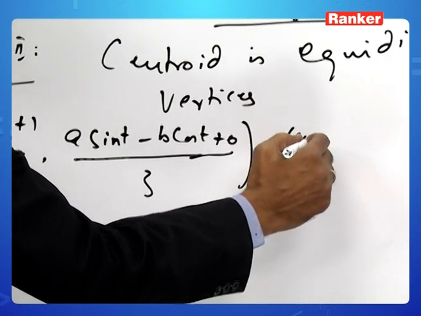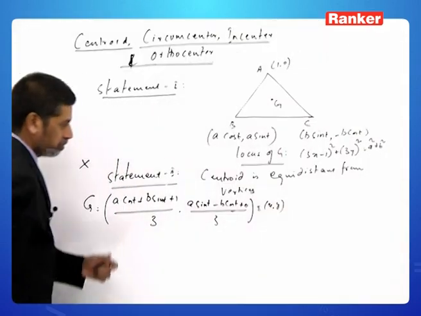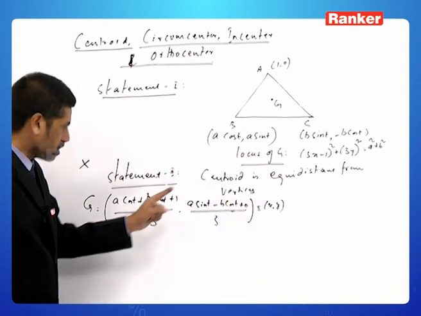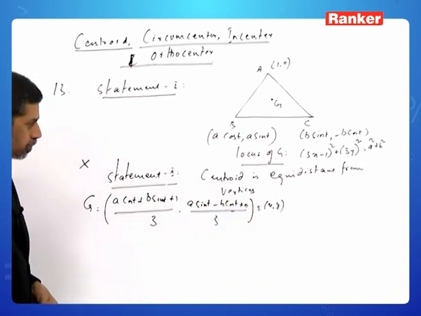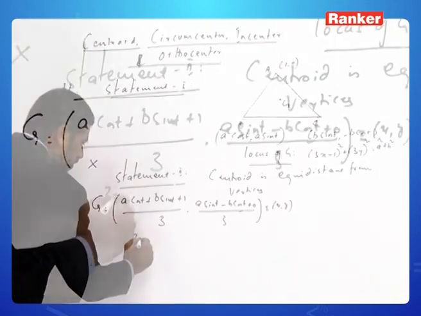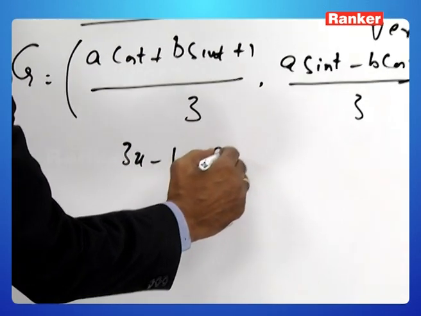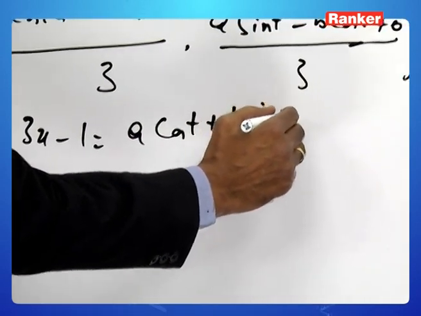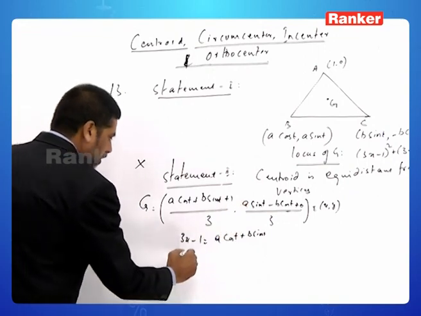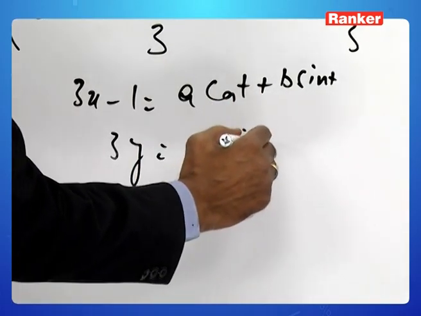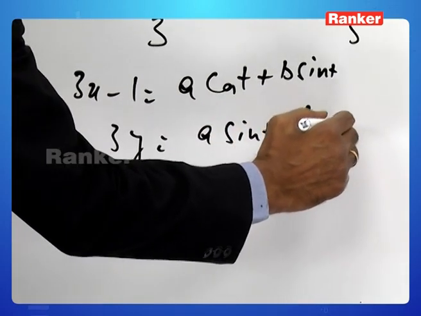Because we are finding the locus, let us take it as (x, y). So x is equal to this and y is equal to this. Now you can see that 3x - 1 is equal to a cos t + b sin t, and 3y is equal to a sin t - b cos t.